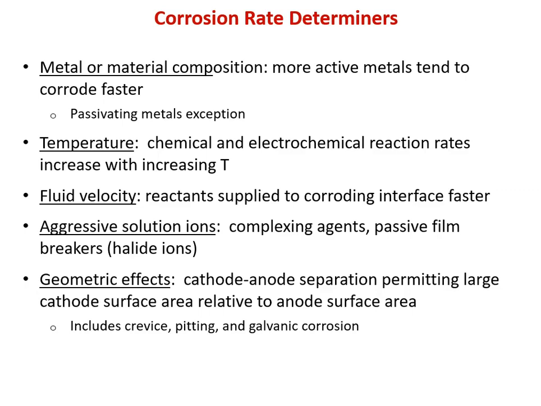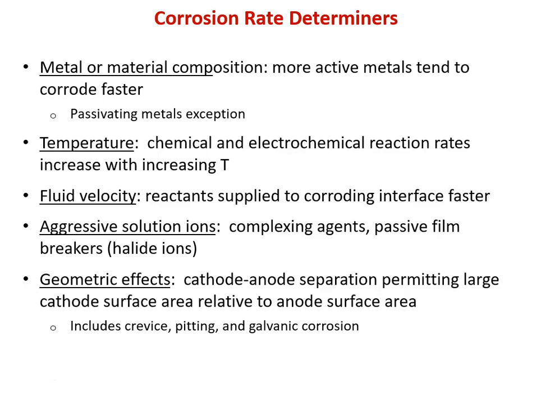The faster your fluids are flowing, the thinner that boundary layer is, and effectively the faster you'll be able to get reactive species to interfaces. In some cases, we don't have tight passive films, but we can form salts or more loosely adherent corrosion products that are nonetheless protective. But in a flowing system, those can get literally washed away or ripped away, so that can also increase corrosion rate.